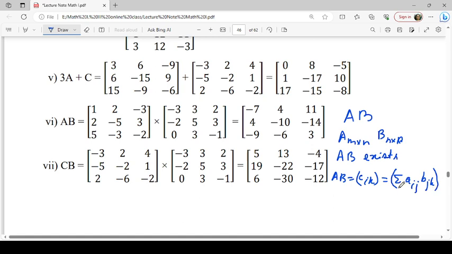Then I and K are fixed here, and J will vary over the n columns and n rows, and AB is of order m by p. AB is m by p.